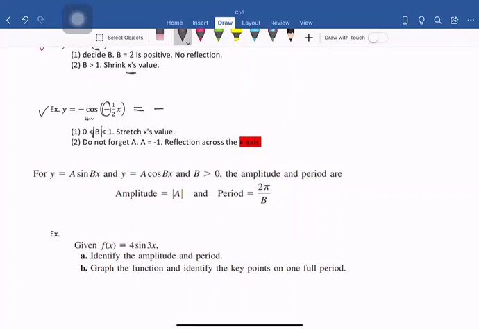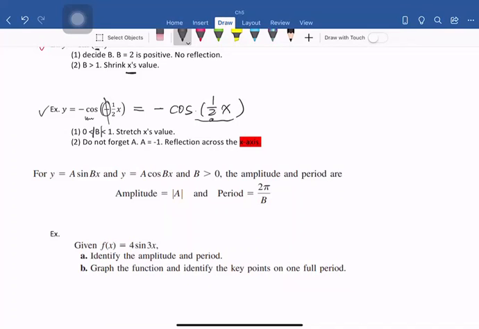So this one equals negative cosine 1/2 x, just taking the negative away. This looks better. The absolute value of b is greater than 0 and less than 1. That means stretch x value because it's 1/2.